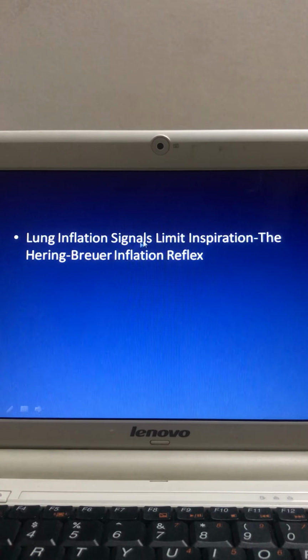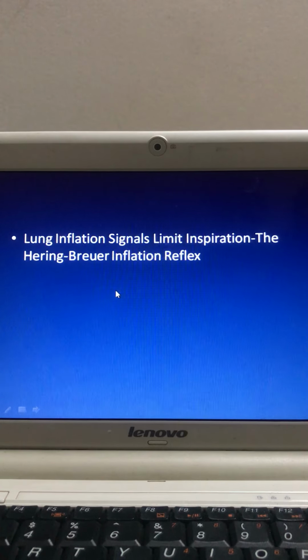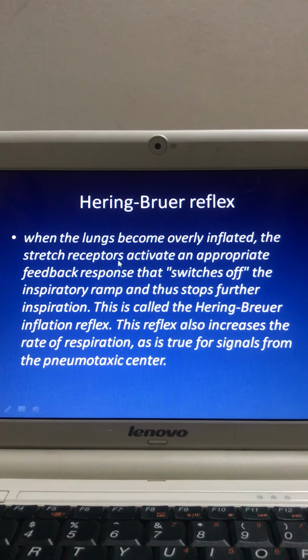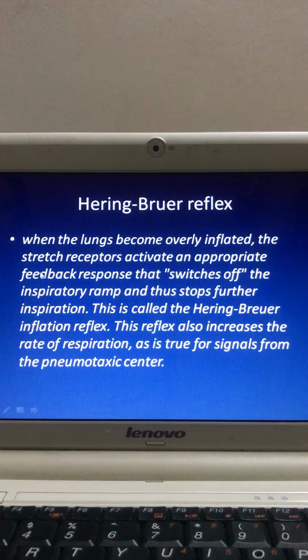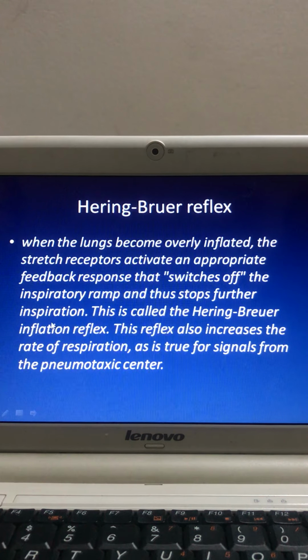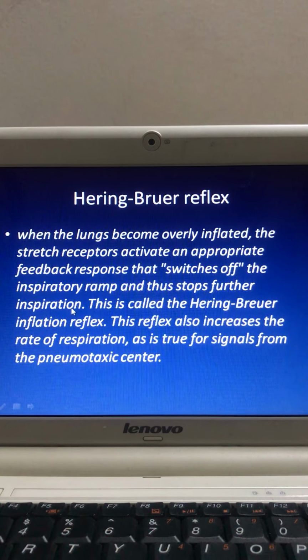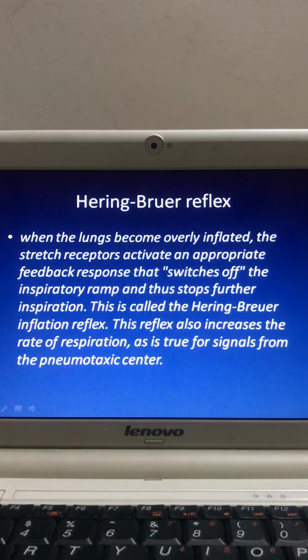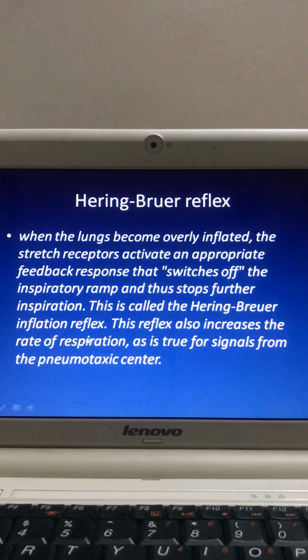What is the stimulus for this reflex? Lung inflation. When the lungs become overly inflated, the stretch receptors activate an appropriate feedback response that switches off the inspiratory ramp and thus stops further inspiration. This is called the Hering-Breuer inflation reflex.